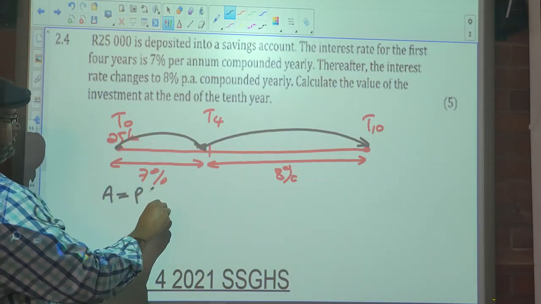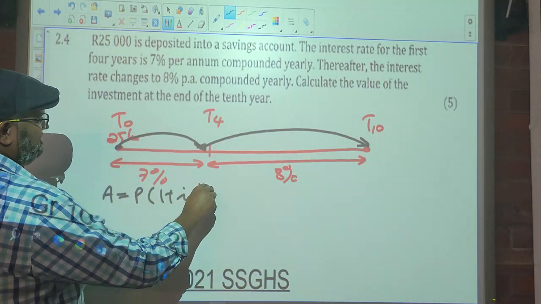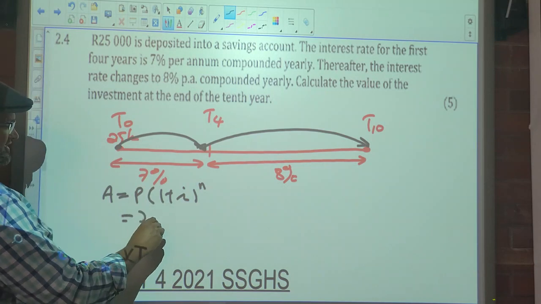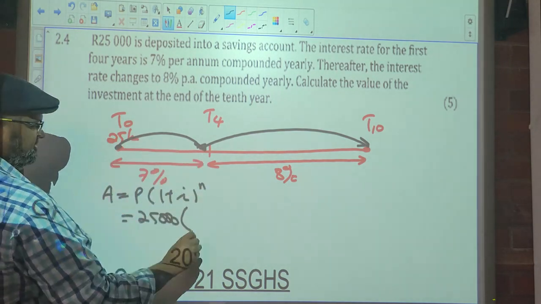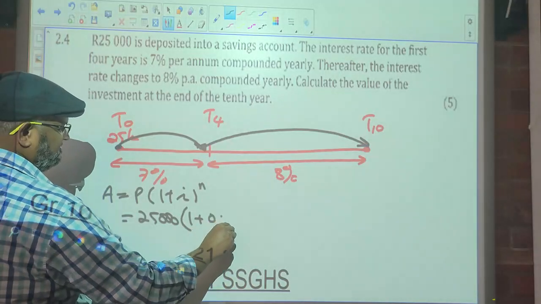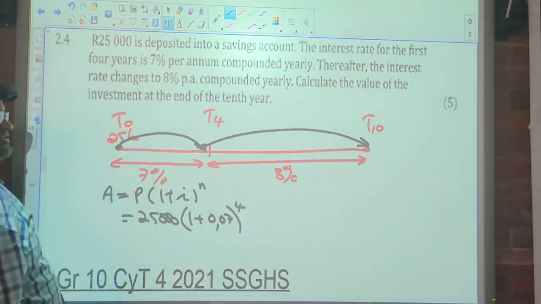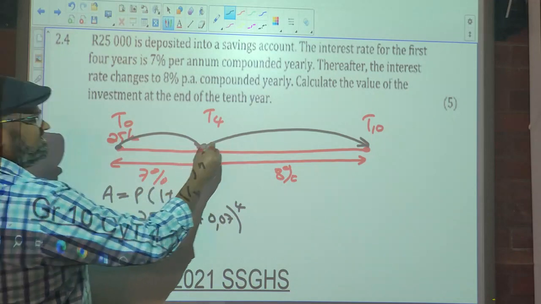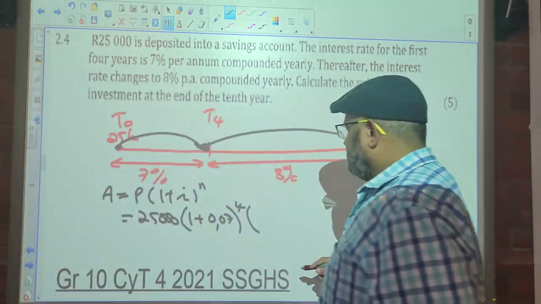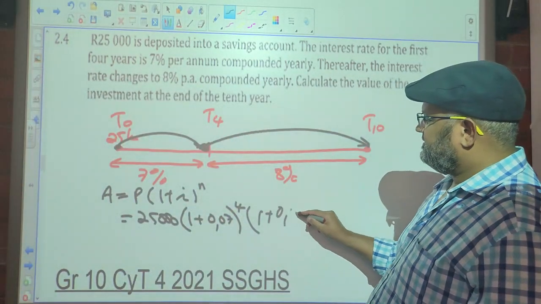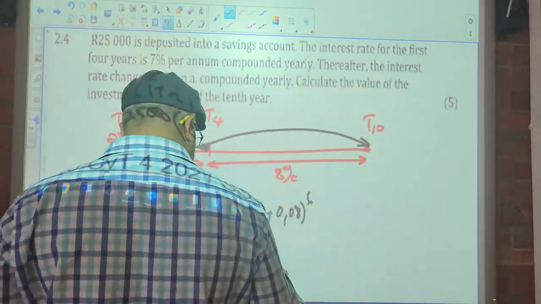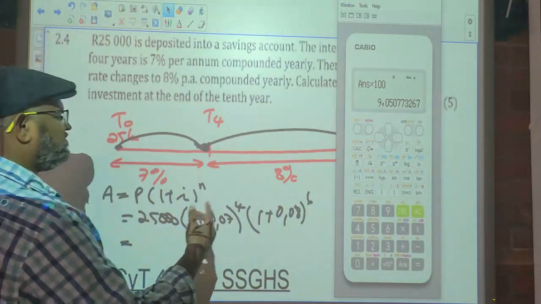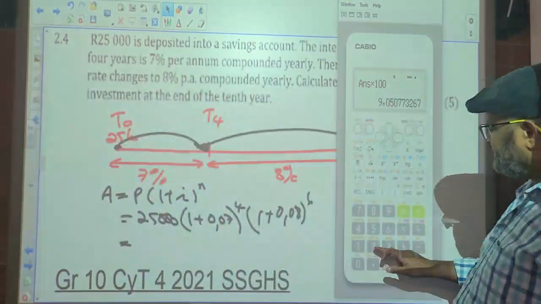So A is equal to P into 1 plus i to the exponent n. So what happens to 25,000 Rand? It's going to draw interest for 4 years at 7%. Then what happens? It draws another interest at 8% for 6 years. But as I indicated before, you can break it up and work it out the way you want.